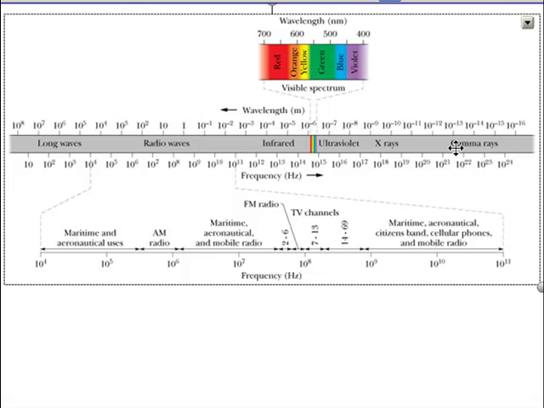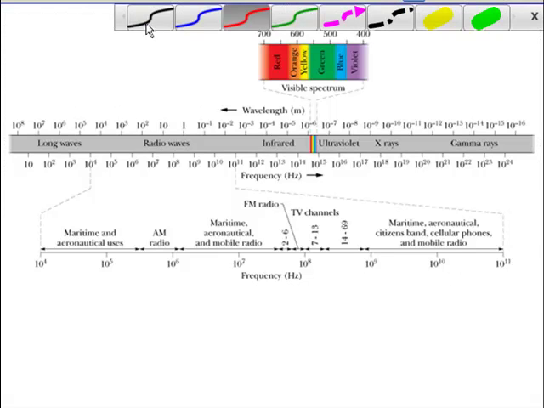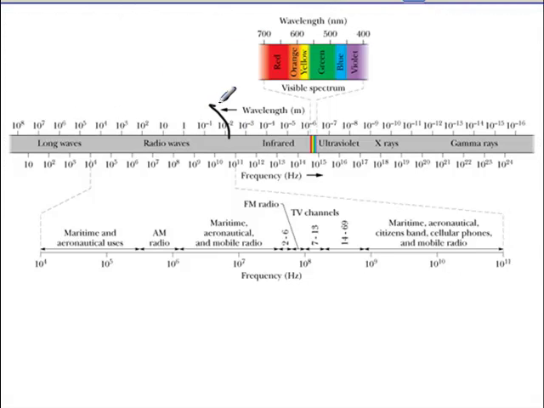In here between radio waves and infrared, a lot of people will refer to microwaves. But the only real distinction between microwaves and infrared is microwaves are very short radio waves that we create by actually accelerating electrons in a wire.